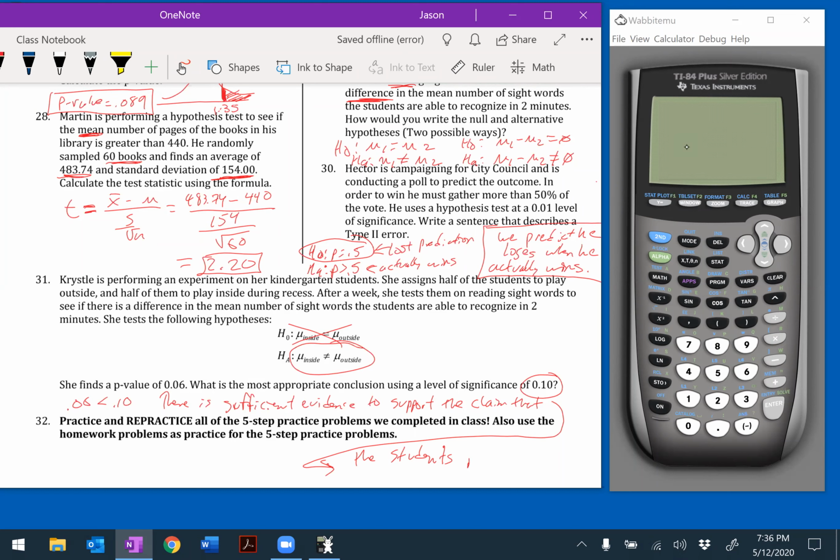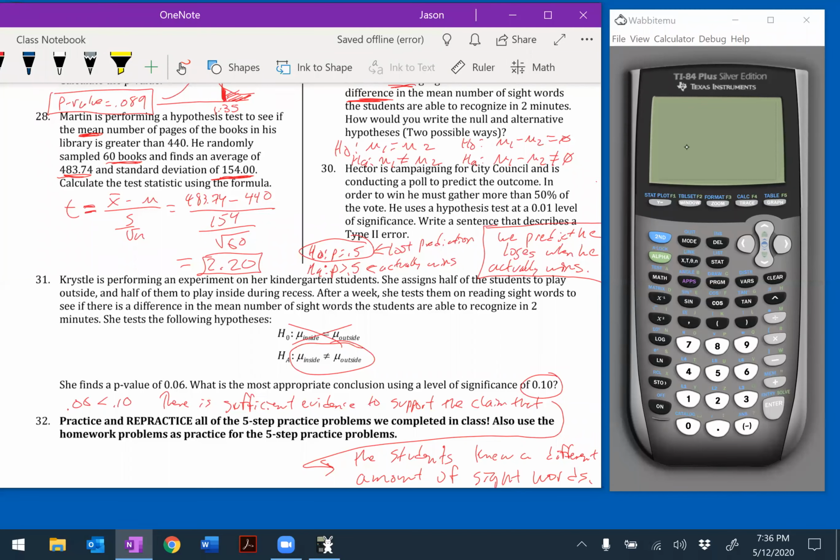The students knew a different amount of sight words.